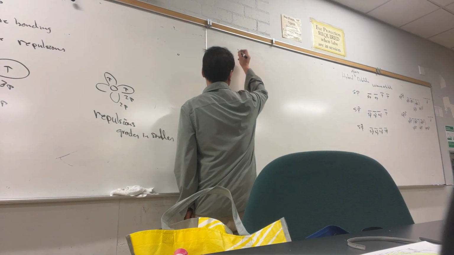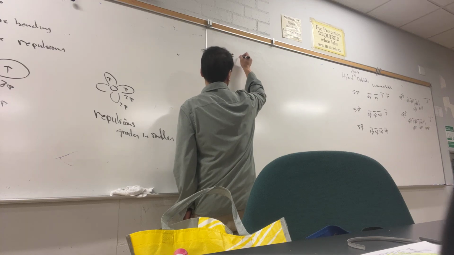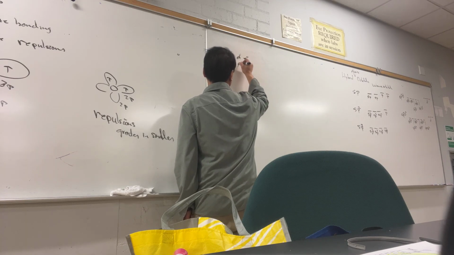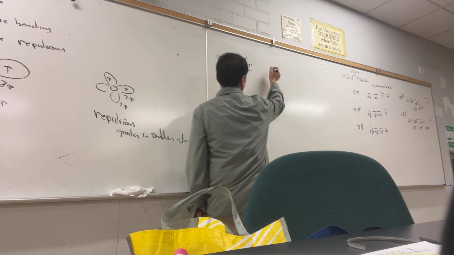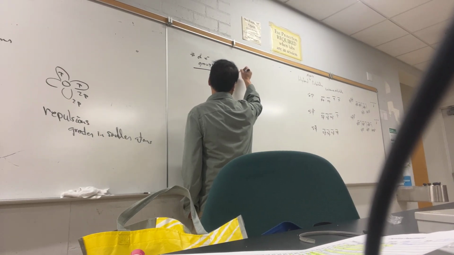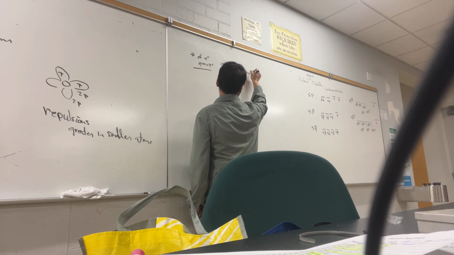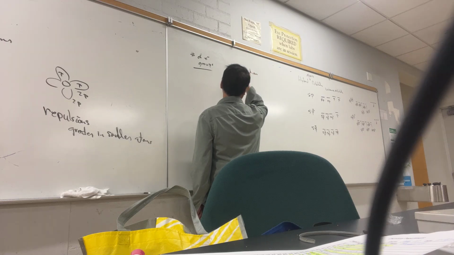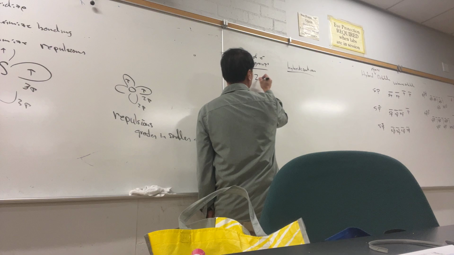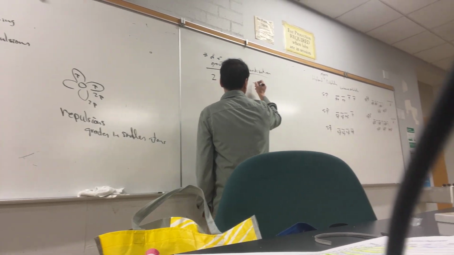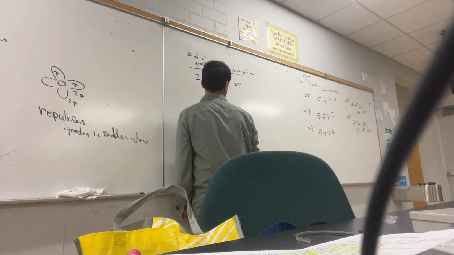If we have two groups, then it's going to be sp. We'll have two sp orbitals for those two groups. If we have three groups, then it's going to be sp2. We'll have three sp2 orbitals. If we have four groups, then it's going to be sp3, and we'll have a total of four sp3 orbitals.